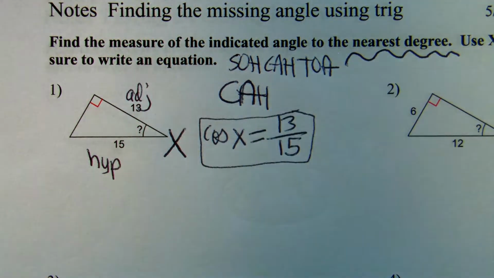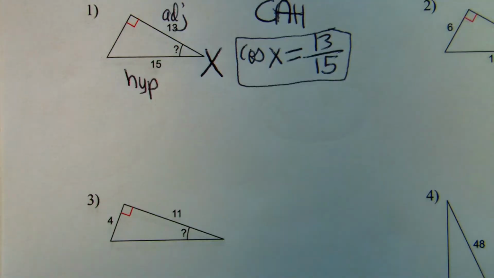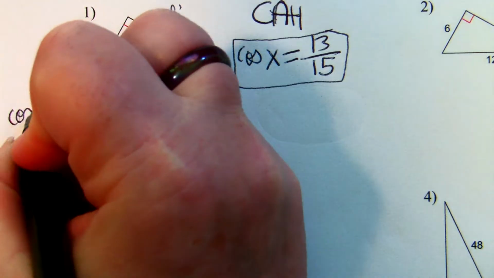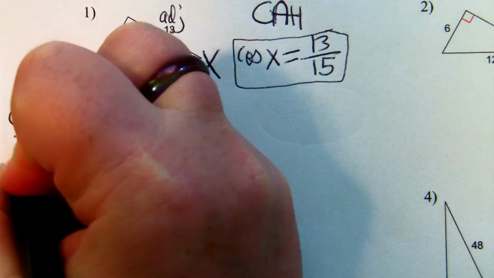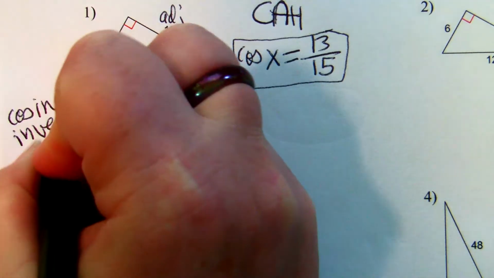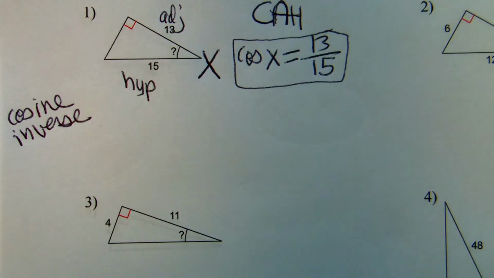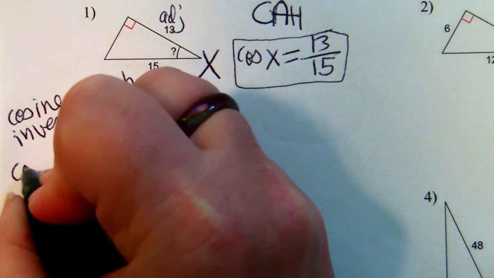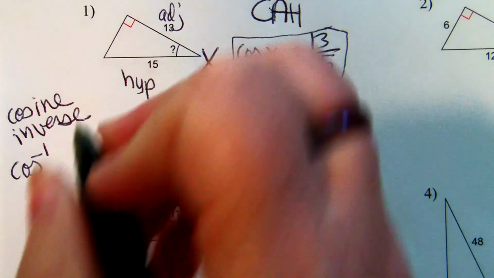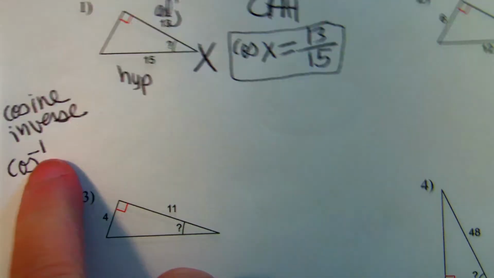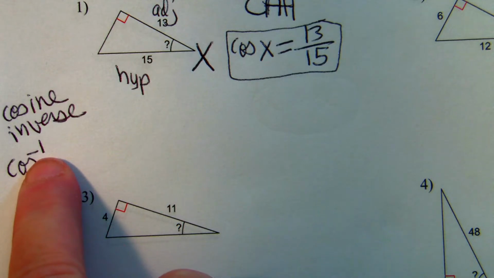Now, we're going to learn something new. We're going to learn about cosine inverse and sine inverse and tangent inverse. On your calculator, above cosine is cosine with a little -1.